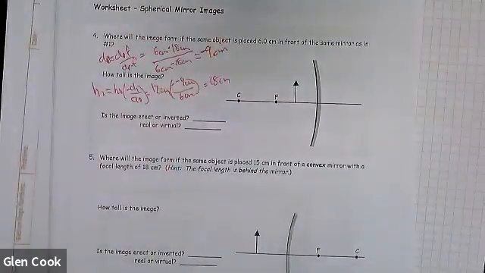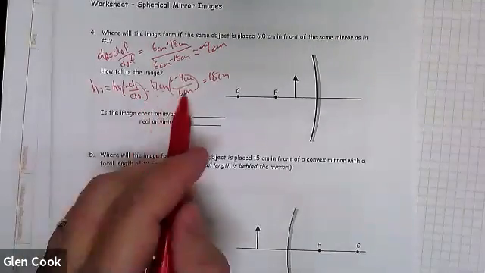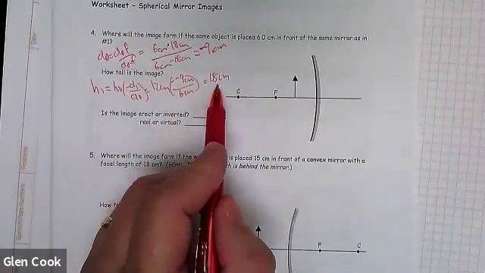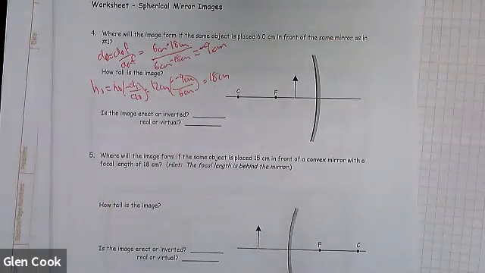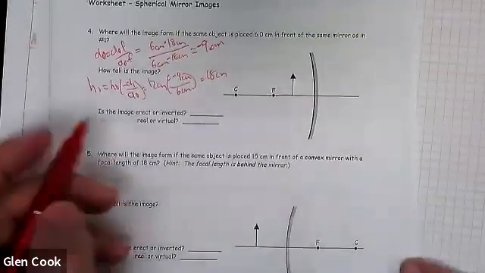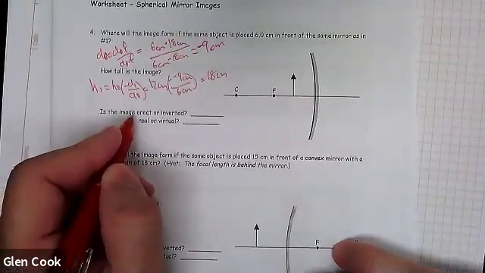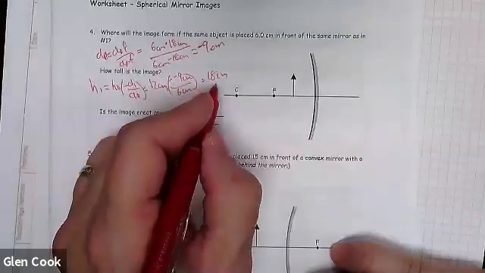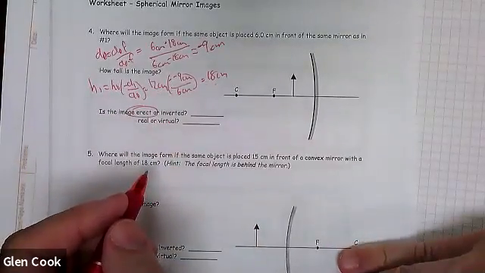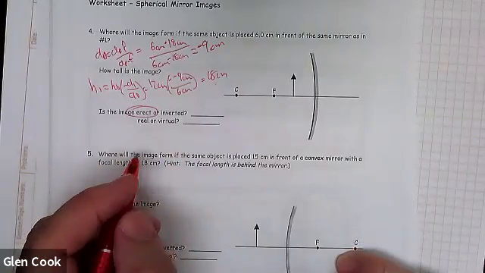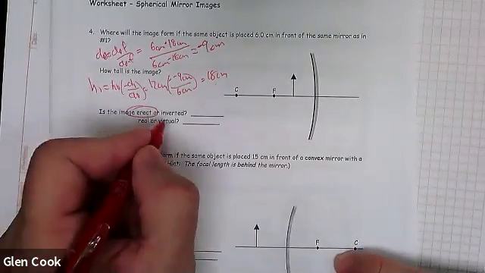So is that right? Yep. So it is twice as, no, it's not twice as tall. It's 1.33 times as tall. Yep. So is the image erect or inverted? Well, H is positive, so it is erect. Is it real or is it virtual? DI is negative, so it's virtual.